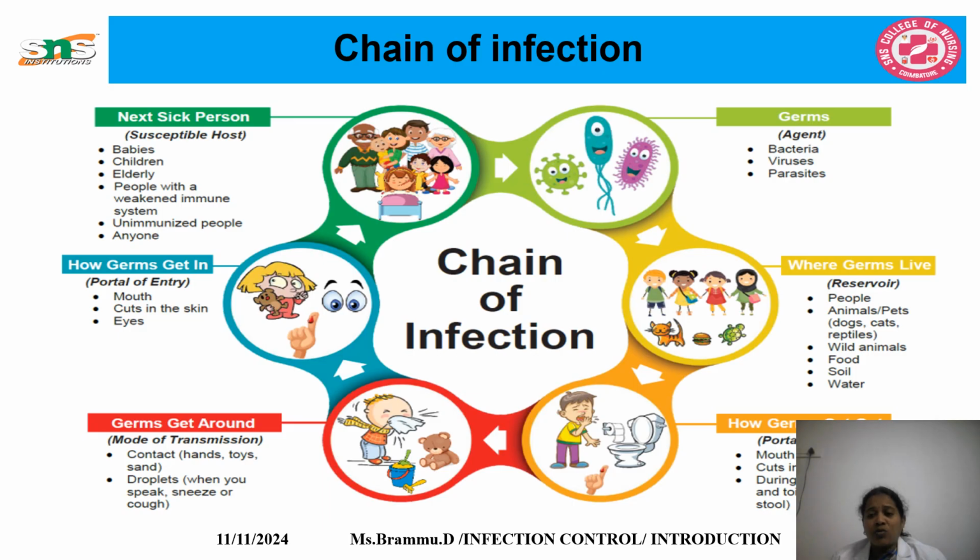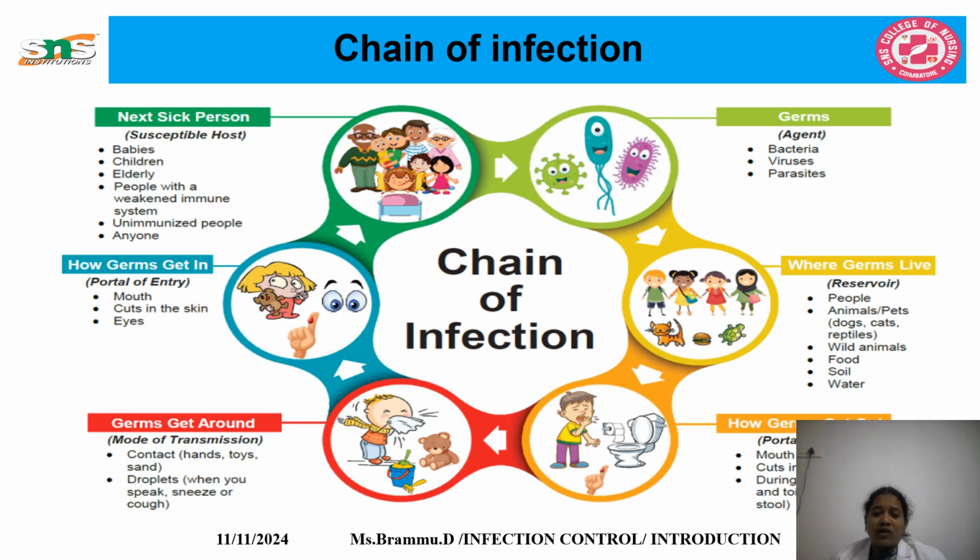And the reservoirs will be people, and it might be contaminated food, contaminated soil and contaminated water. And the mode of how it gets around is through the oropharyngeal route, or through cut injuries or other invasive procedures.